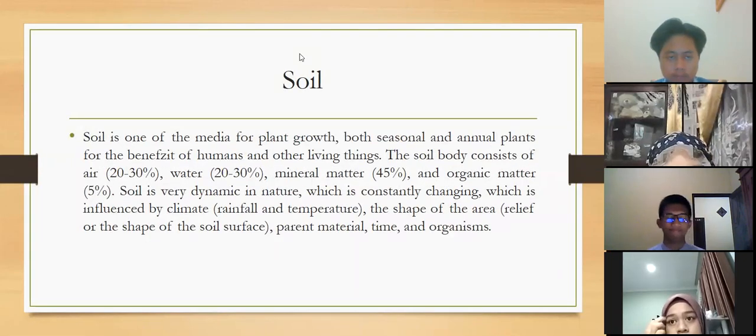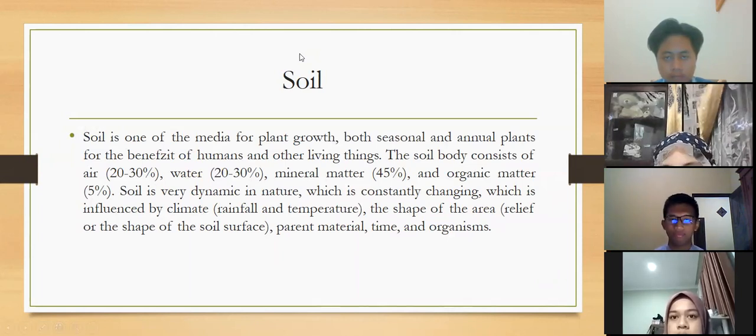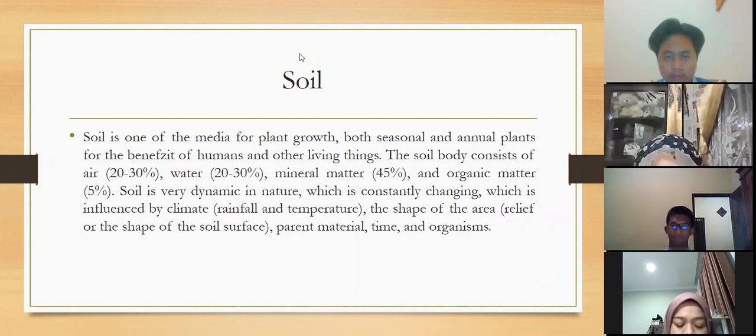Soil. Soil is one of the media for plant growth. The soil body consists of air 20 to 30%, water 20 to 30%, mineral matter 45%, and organic matter 5%.